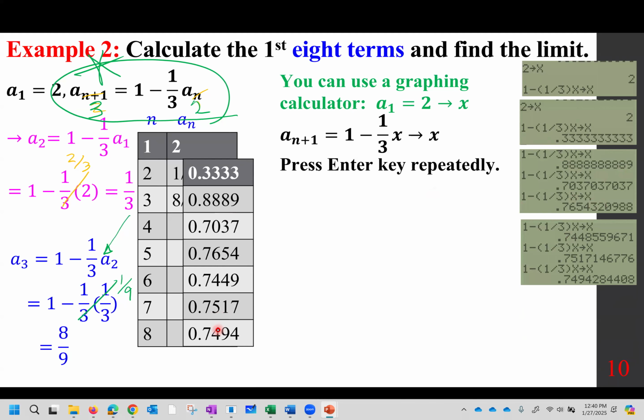Now, when you come this far, you may recognize because of this, the sequence converges to 0.75. If you don't, you can calculate a couple more, and for sure you'll see that. Here's the reason. One might say, okay, 0.74 went up to 0.75, went down to 0.749.